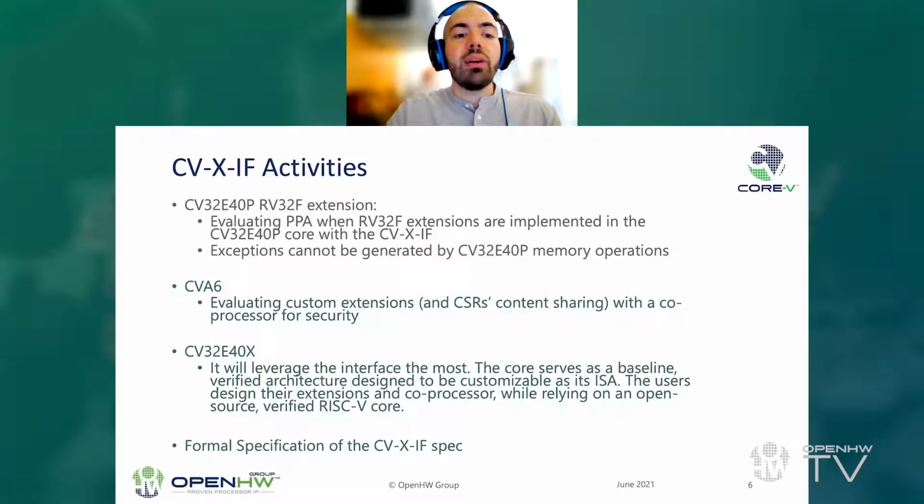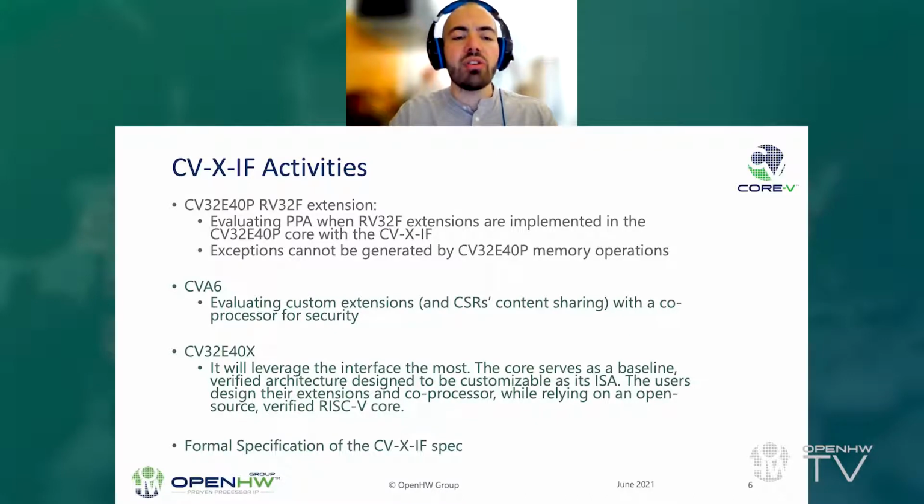Then we are instead extending an application class processor, the CVA6, to actually verify how the interface works with custom extensions. In this case, the custom extensions are done for security. So for security applications, the coprocessor is a secure coprocessor, and we are evaluating the interface on the application class.